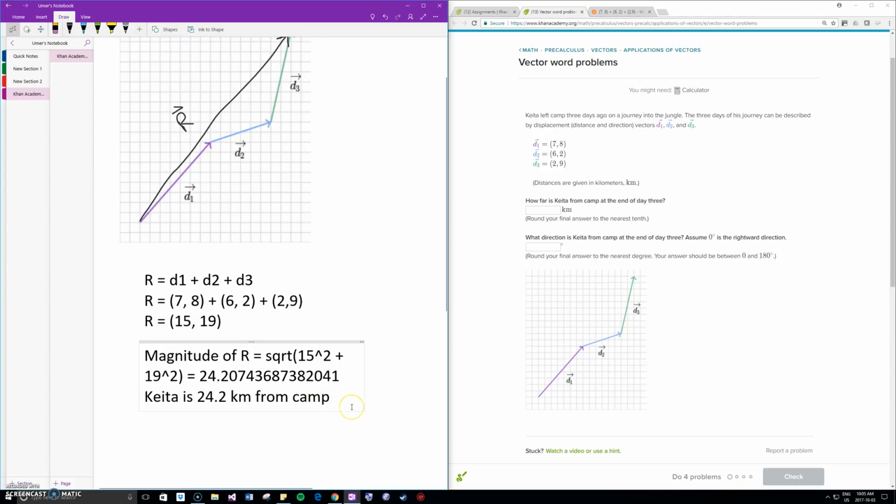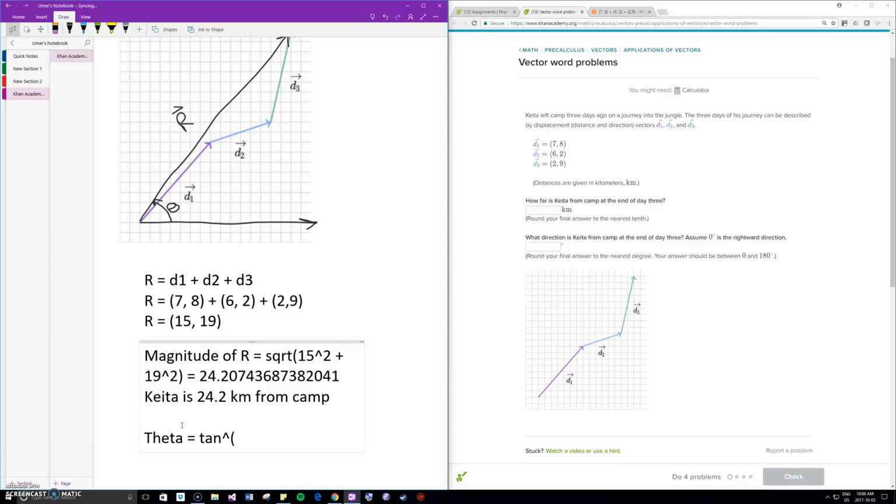It's 24.2. The last part is what direction is Kader from camp? So for that, 0 is the rightward direction. You can think of this as the x-axis, if you like. And we're trying to find this angle here. This is angle theta. So to figure out theta, you just use inverse tan.